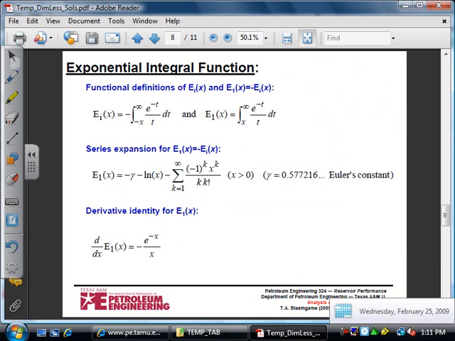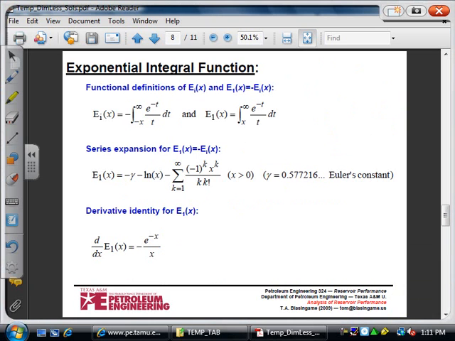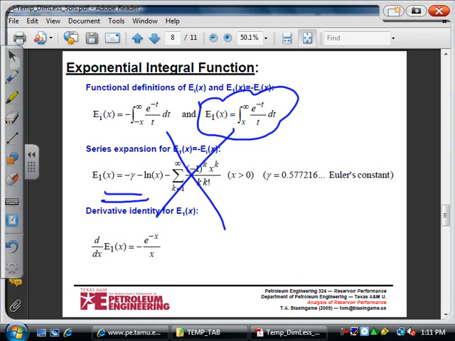So how do we do that? Here is your exponential integral, and you see that it's not easy, but this is the series expansion for the exponential integral. So you omit this term, and then you see that it is basically this.